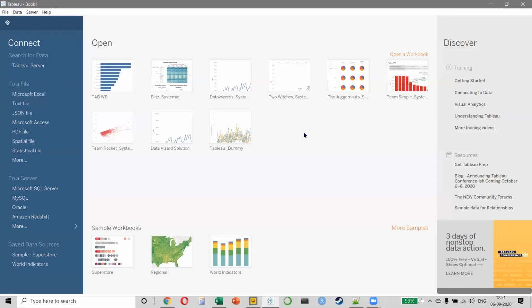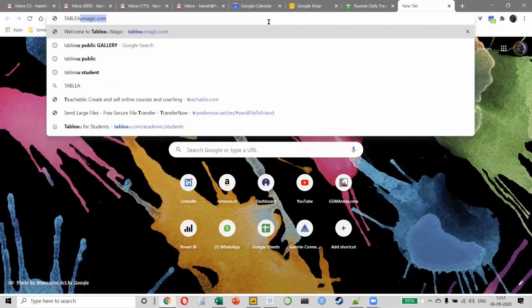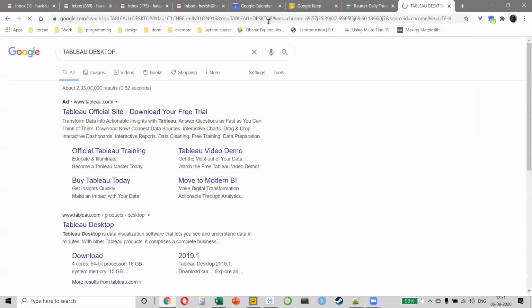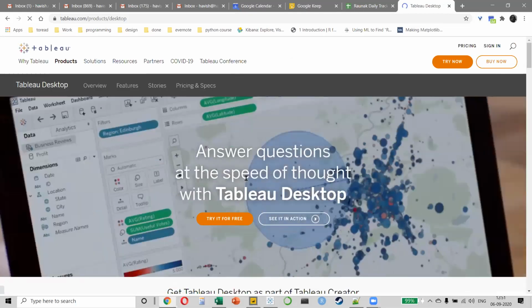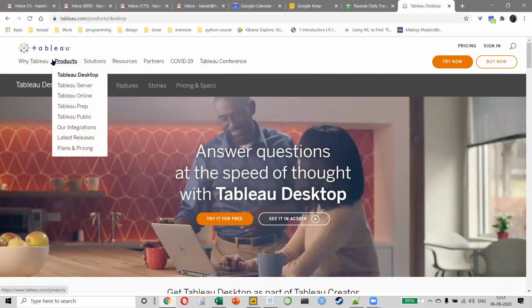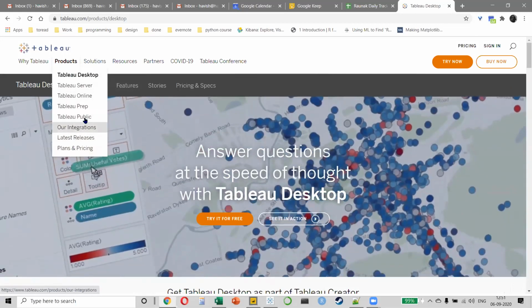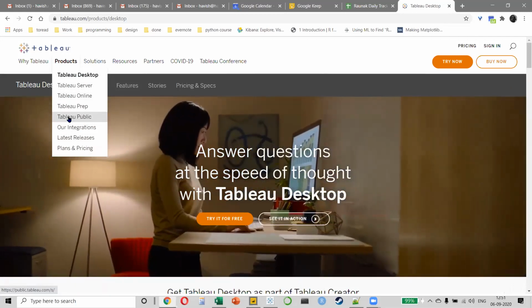What am I working on? I'm working on the Tableau Professional Edition. This is the paid version, called Tableau Desktop. There are different versions of Tableau available. We have Desktop, Server, Online, Prep. Tableau Public is the free one.